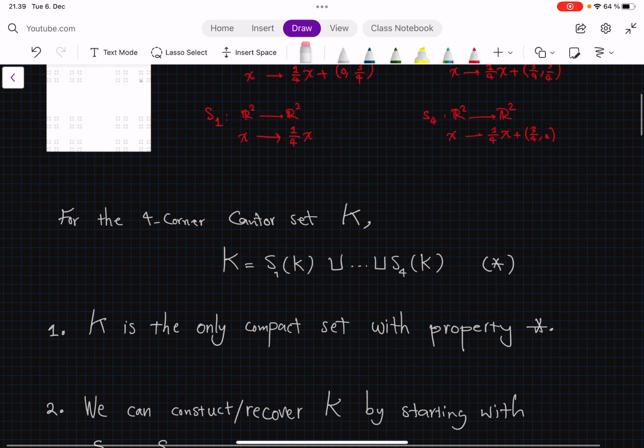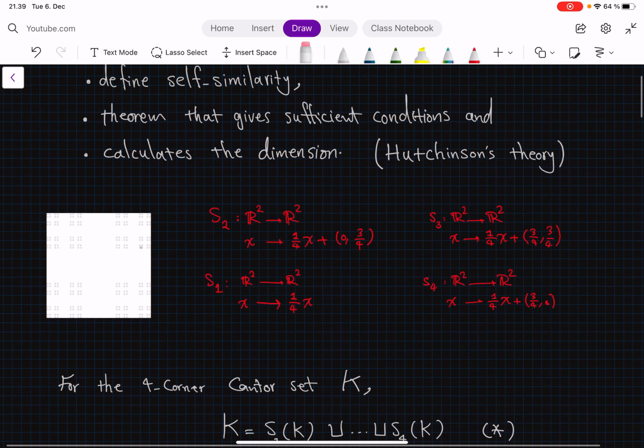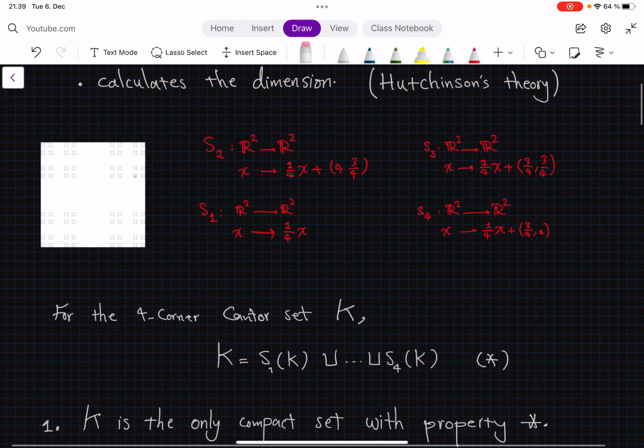So the theorem, the general theory that we're going to discuss, is, by the way, due to Hutchinson, and the proofs, I'm following Mattila, but the proofs are not included there, and they are referred to in the book by Falconer, if you're interested in finding proofs.